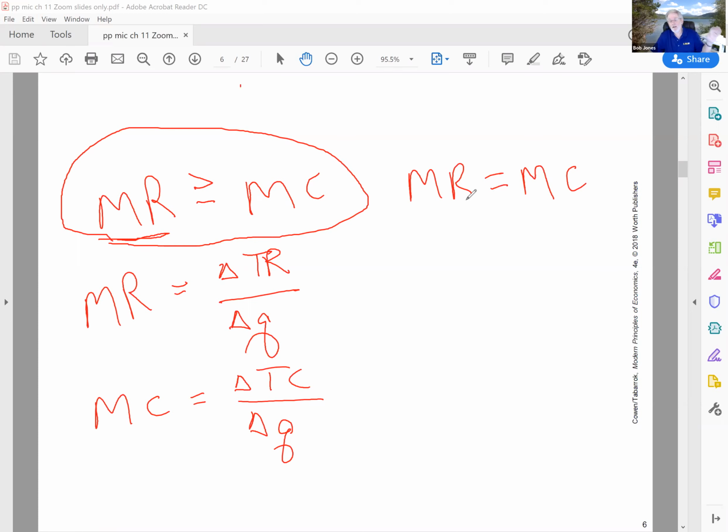They're actually indifferent between producing that unit and not producing it. But our convention is to say that if they're indifferent, they're going to go ahead and produce it. So you want to understand these two things. They're going to produce every unit that has a marginal revenue greater than or equal to marginal cost, and they're going to stop when they get out to the level where marginal revenue is equal to marginal cost.